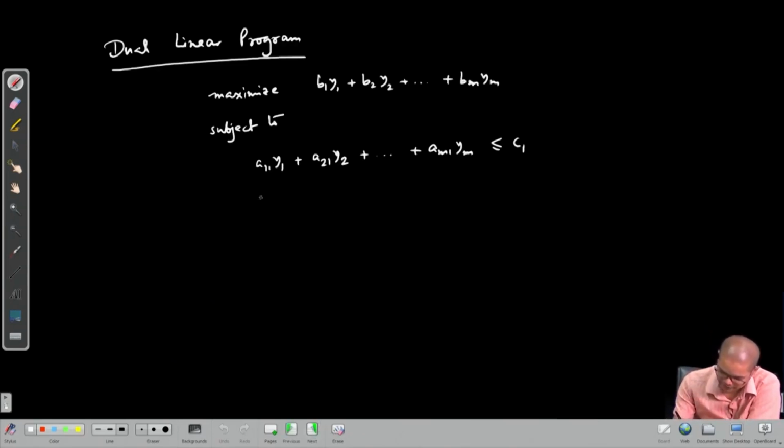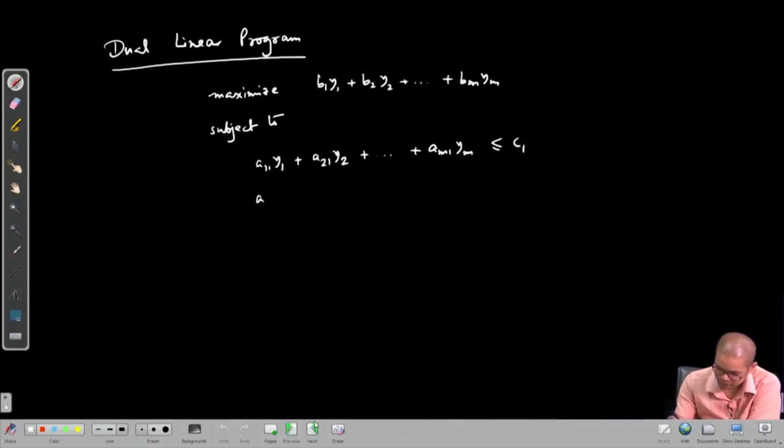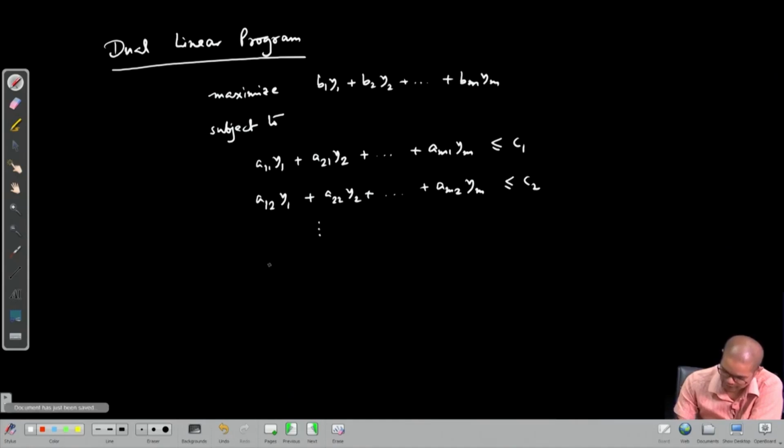Similarly, a12 y1 plus a22 y2 plus dot dot dot am2 ym is less than or equal to c2, and so on.